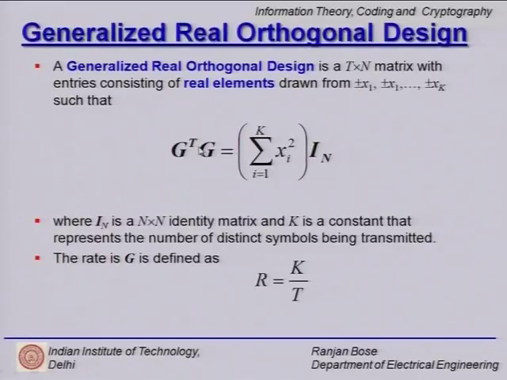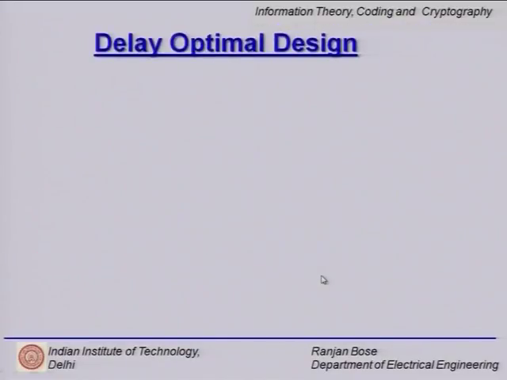Again the constraint is G transpose G is nothing but the summation i equal to 1 through k of xi squared times the identity matrix. But please note that this time we use T time slots, and therefore since we have been able to send k symbols, effectively the rate is k over T. So we compromise on the rate.